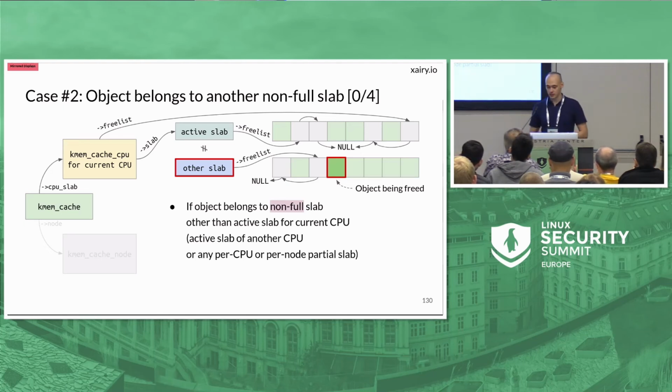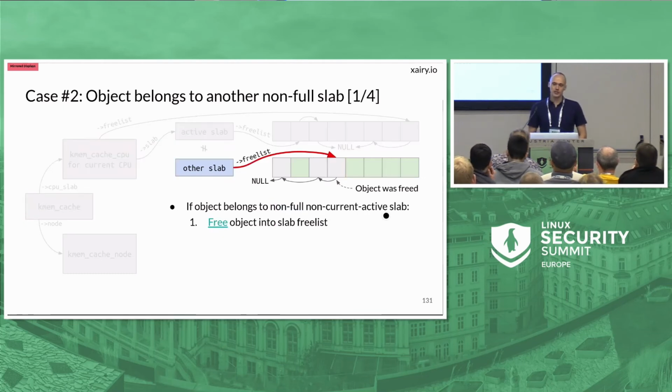So let's say we have this other slab, and this can be maybe the active slab of another CPU, or it may be one of the per-CPU partial slabs for one of the CPUs, or maybe one of the per-node partial slabs for one of the nodes. The first step in this case is also simple. The object gets put onto the per-slab free list.